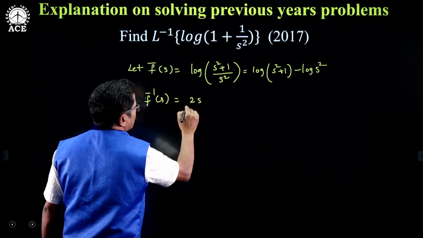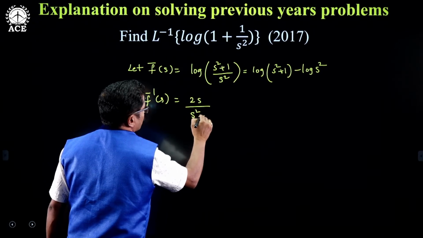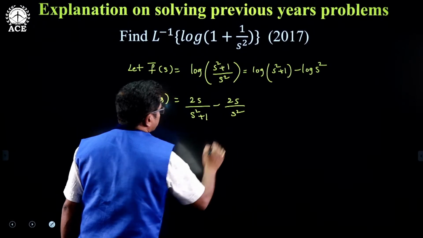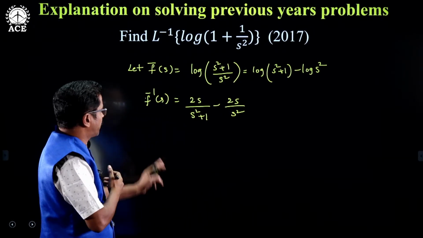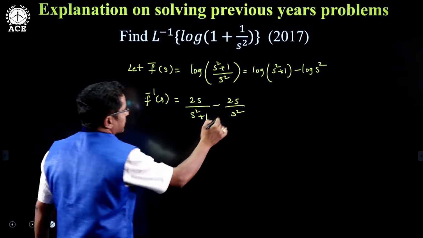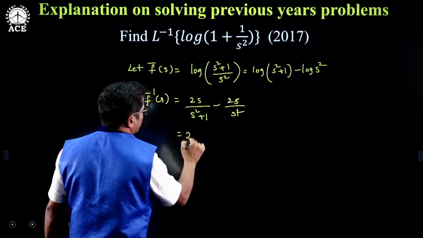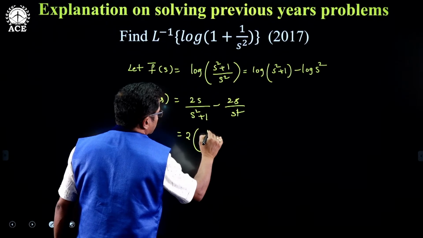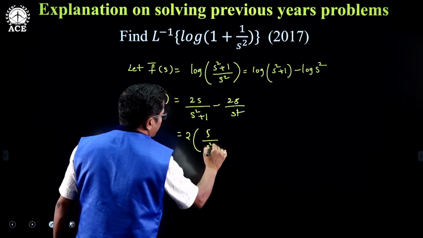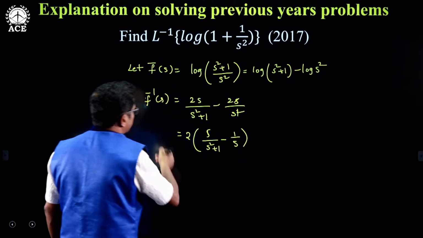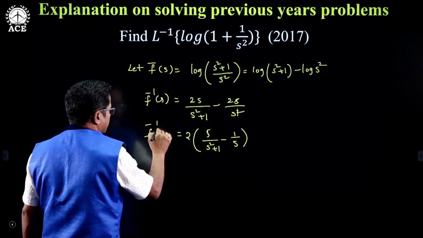So it is 2s by s square plus 1 minus 2s by s square. Here s gets cancelled, only 2 by s will be left. That is 2, if I bring it common, s by s square plus 1 minus 1 by s. This is f bar dash of s.